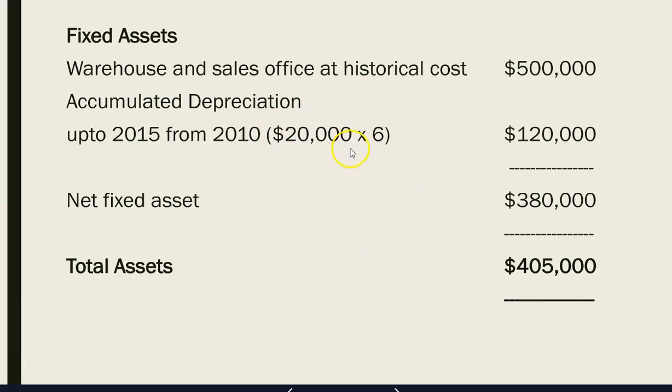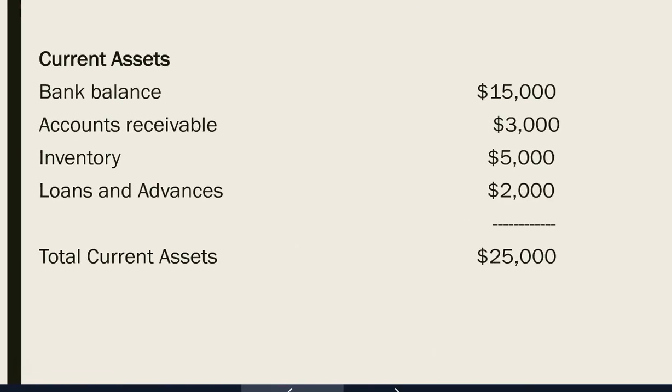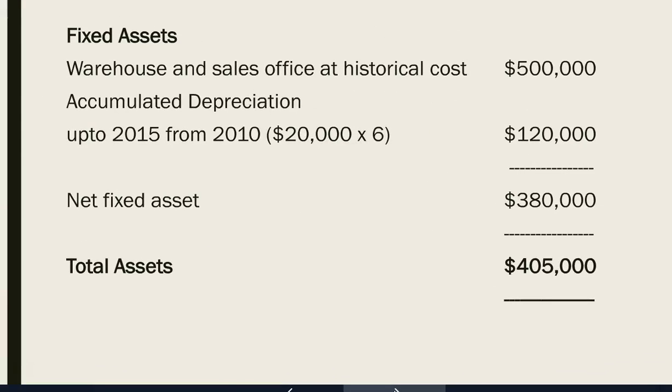So the depreciation is 20,000 times 6. Total accumulated depreciation is 120,000. And the cost of the asset is 500,000. So the net fixed asset is 380. That's 500 minus 120. That's 380. So now the total assets are 380 plus $25,000, which amounts to $405,000.